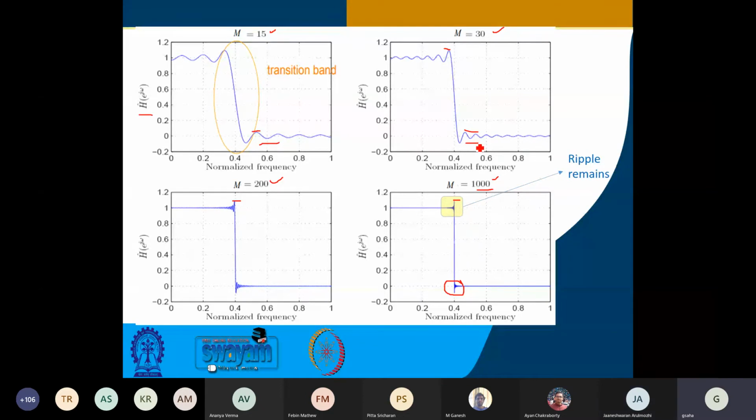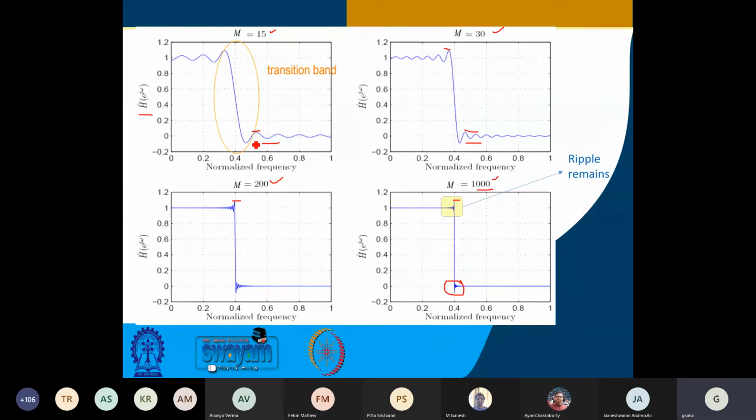So what does it mean? Actually, this presence of ripples means that there is a high and low value, and the ripple is related to that.